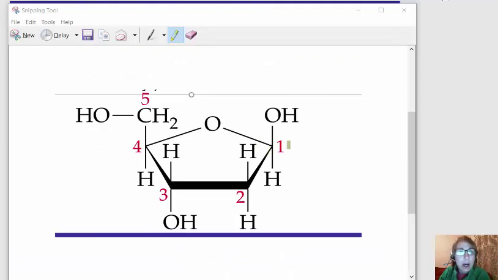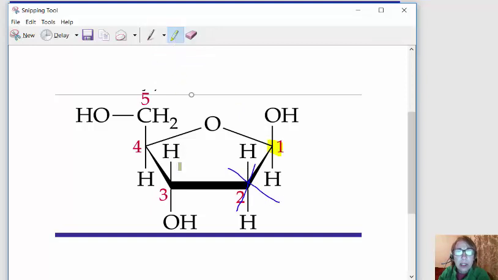Okay, let's take a look at carbon 1, and it is chiral. It has 4 bonds. It's bonded to an OH, a hydrogen, this ether oxygen, and then this group right here, not just the carbon but the entire group. So C1 is chiral. If we look at C2, we see that it is bonded to 2 hydrogens, so it is not chiral.